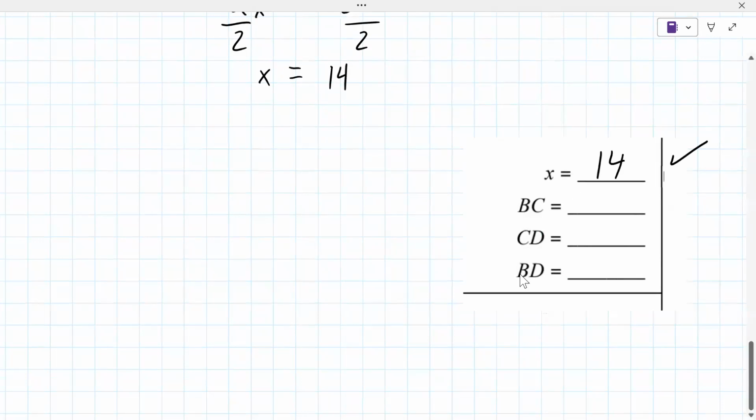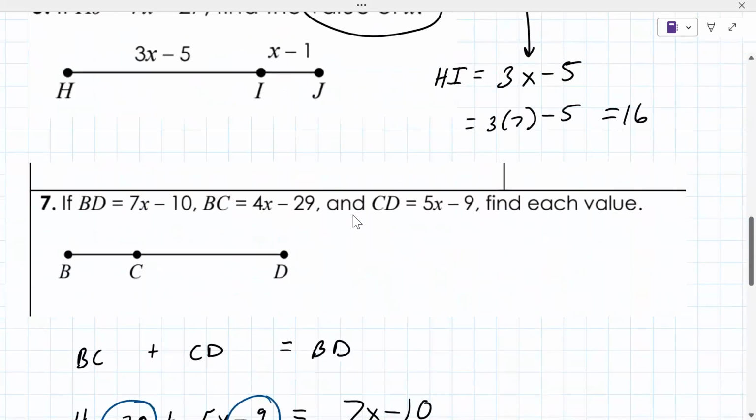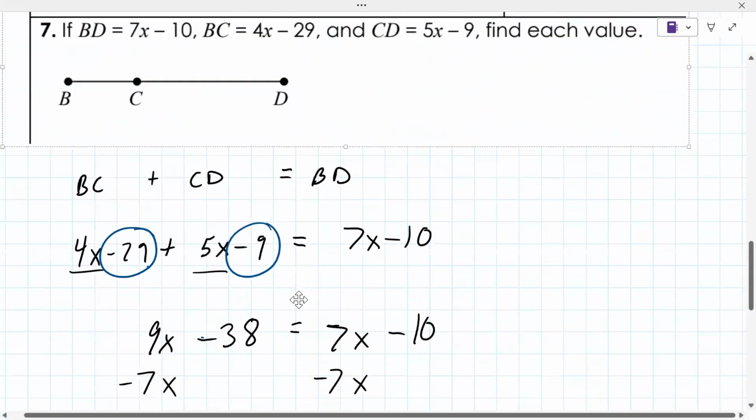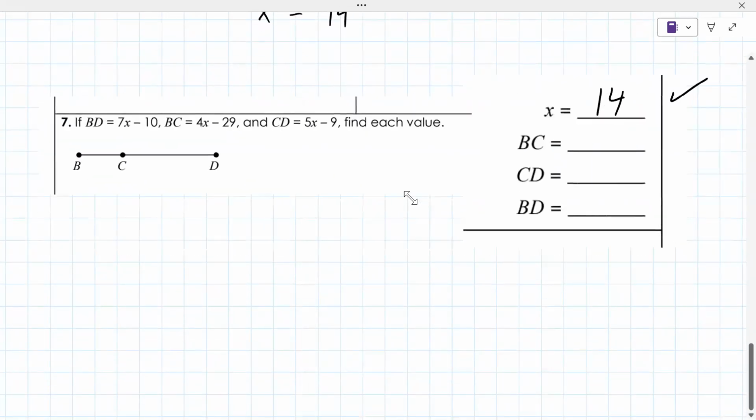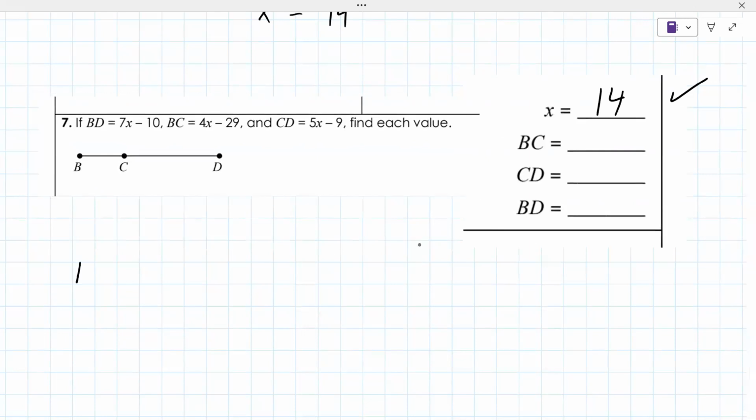Now to find BC, we got to go back to the original. Since you've got x, you have everything you need to find these other values. BC is 4x minus 29. But what is the value of x? Well, you just calculated it's 14. So you're going to put that 14 in for x.